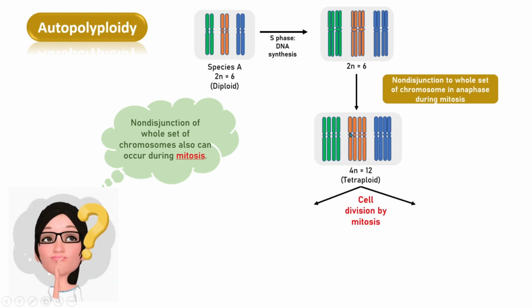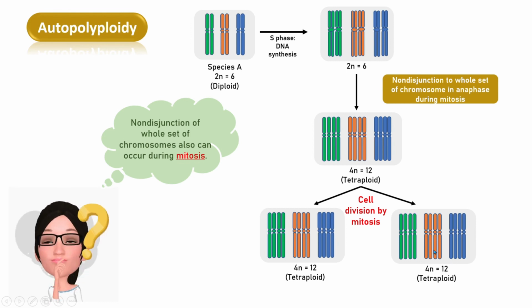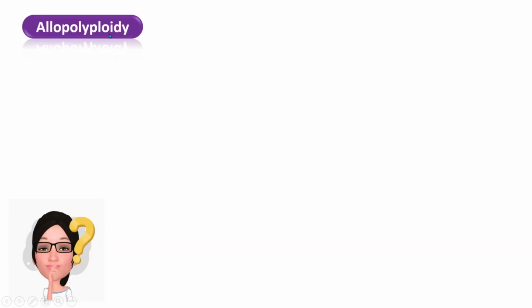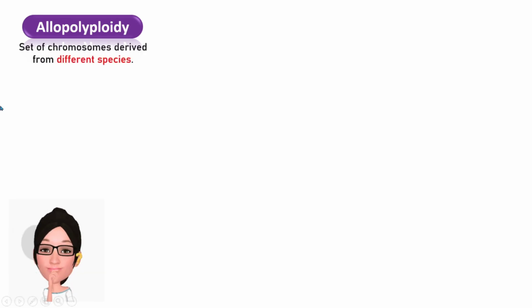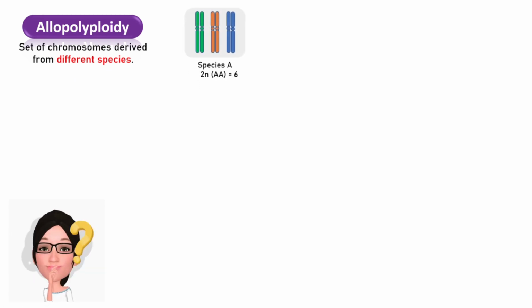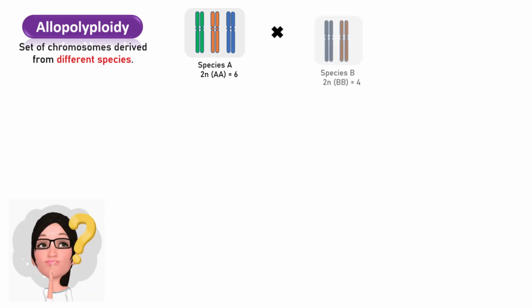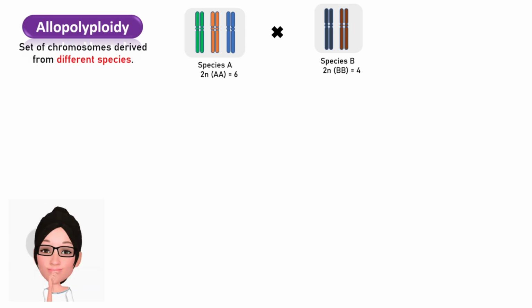When a normal cell division occurs by mitosis, new cells with the same number of chromosomes will be produced. The second type of mutation in Euploidy is Allopolyploidy. Allopolyploidy is when sets of chromosomes are derived from different species. A species A diploid cell has 6 chromosomes, and mates with a species B diploid cell with 4 chromosomes.